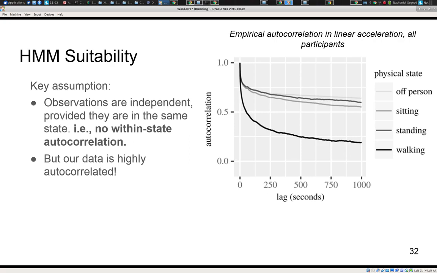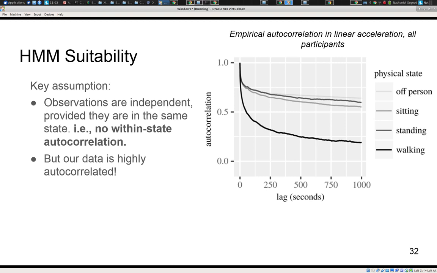But what happened is we ended up finding data quality problems. This fact clued us in. In fact, there was a big data quality problem. We found that some of the participants had neglected to tell us when they switched states. Remember, they were recording ground truth information. They're saying, I'm standing now, I'm sitting now, I'm switching off person. They wouldn't do it. They forgot.